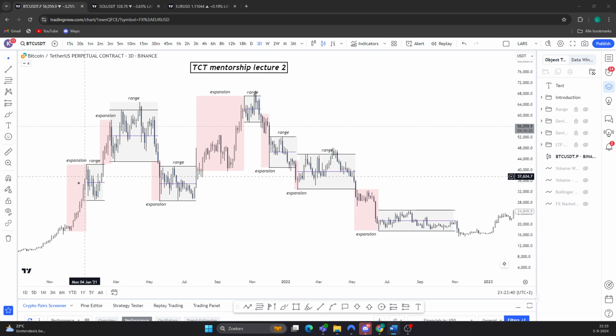Same with the markets. After an aggressive expansion towards the upside or downside, price likes to form a range before having either continuation or a reversal. As you can see, after every aggressive expansion, we had a range. Expansion, range. Expansion, range. Expansion, range. This entire span of 2 years, after every aggressive expansion, you form a range.